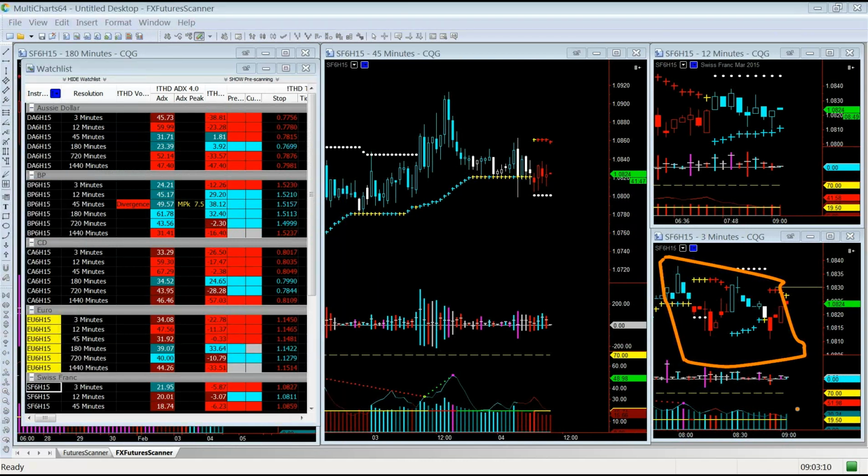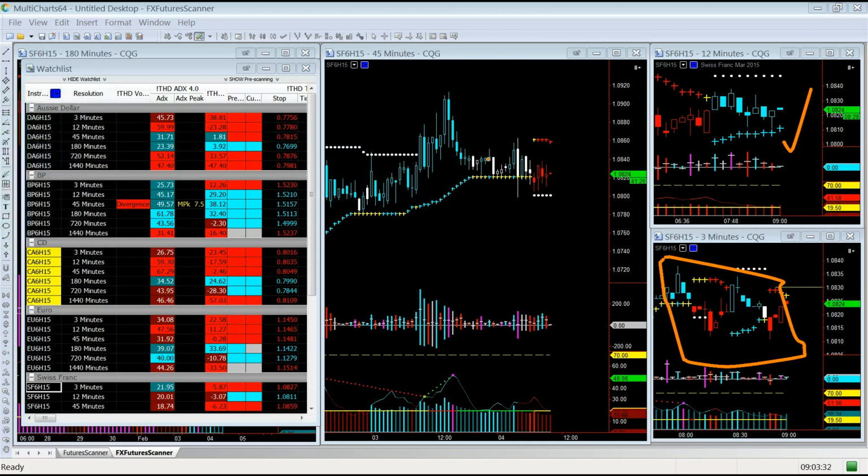That tells me I'm on the wrong time frame. This would be my lowest time frame, and it goes from a 12 to a 45 to a 180. I can get some great trades on the Swiss franc, but I've got to do it on the right time frames.